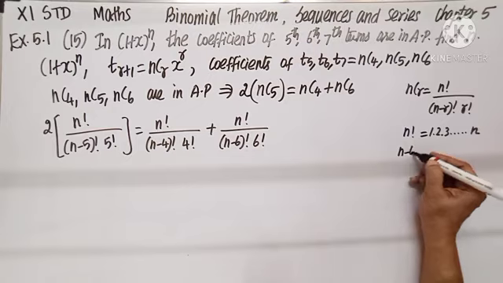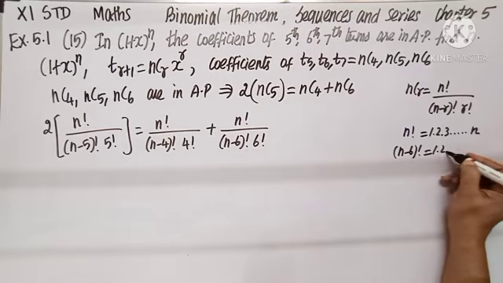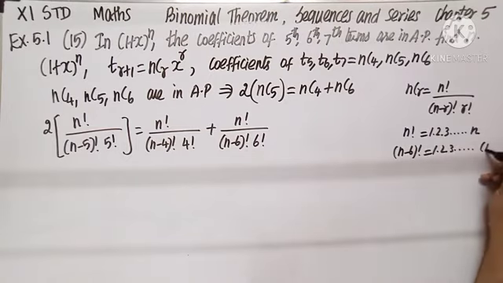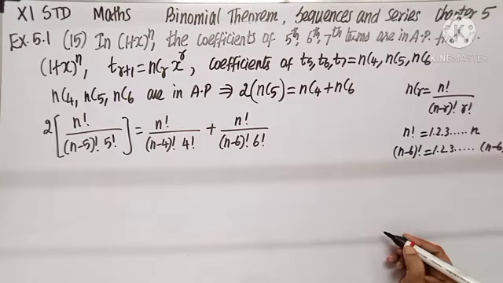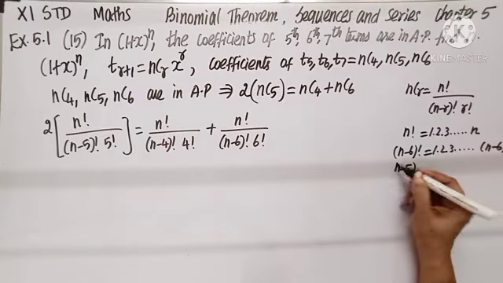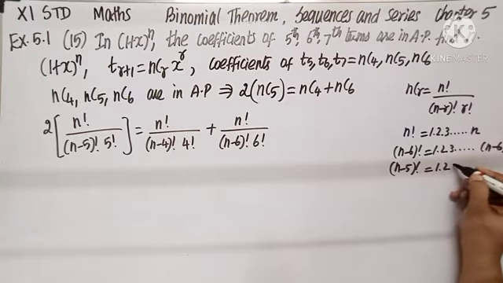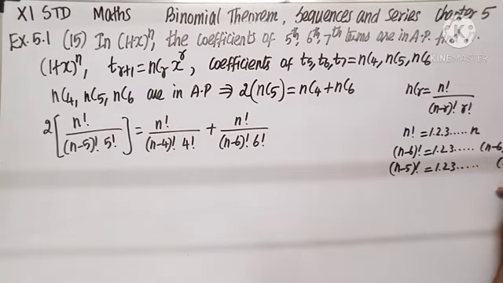It will be 1, 2, 3 up to n minus 6. What about n minus 5 factorial? 1, 2, 3 up to n minus 5, previous term will be n minus 6.